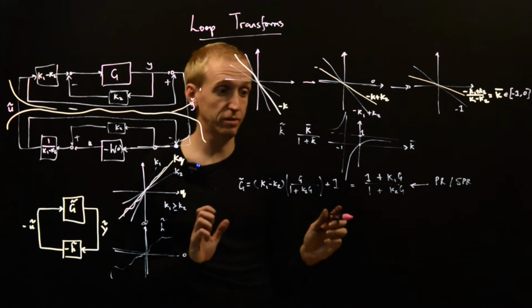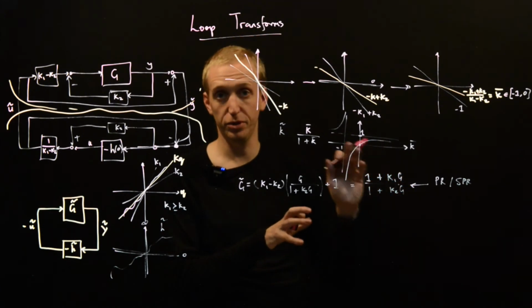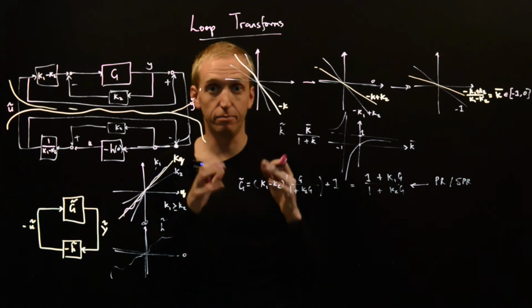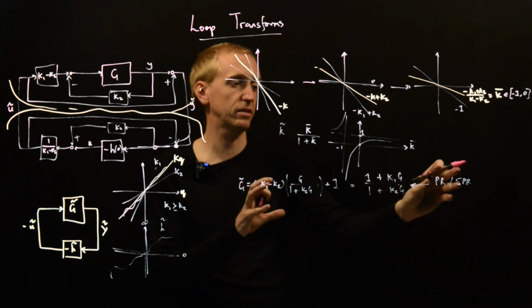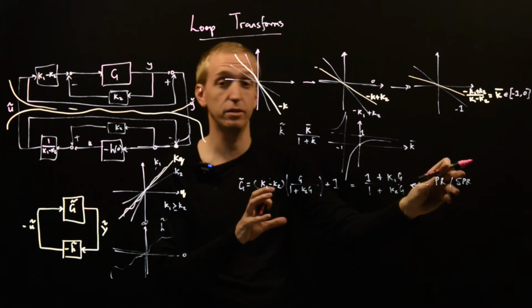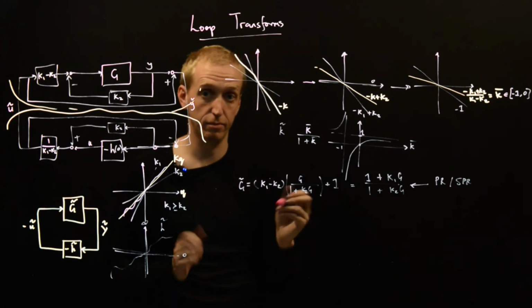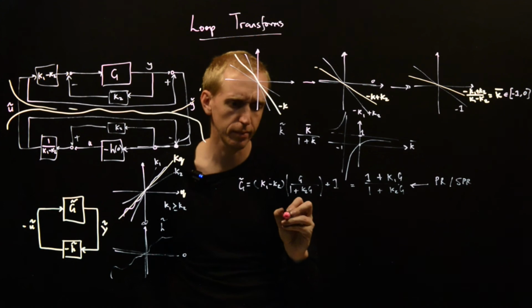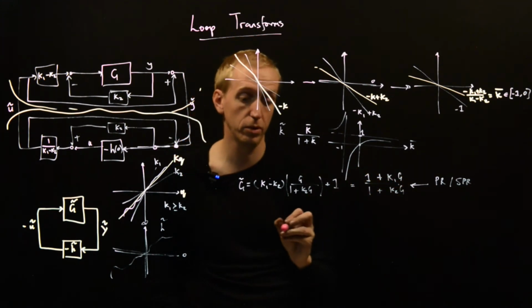So the final piece of the puzzle is trying to understand how the circle criterion characterization connects to the positive real characterization. And this is done through a Mobius transform. So this thing here is an example of a Mobius transform.